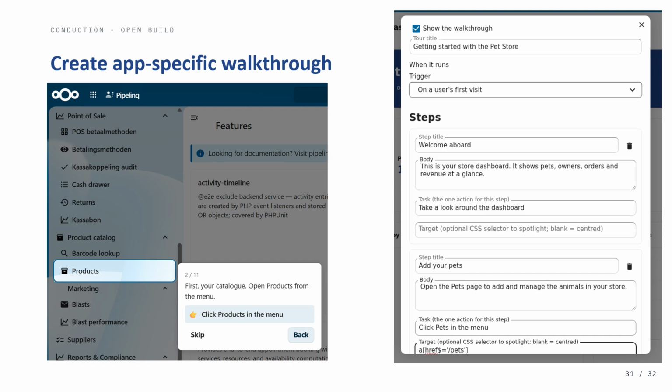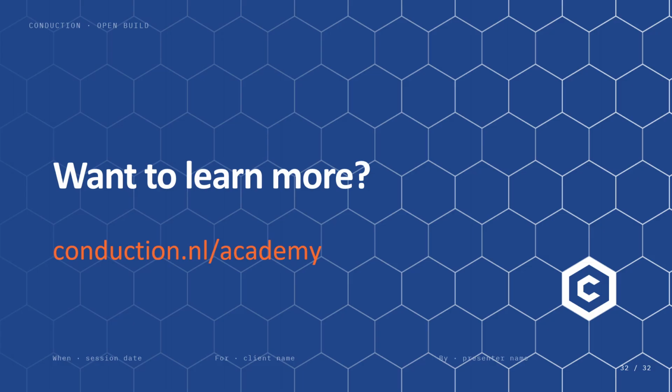You can either do a generic walkthrough where you give some information and some modals appear, but you can also take the user on a journey, asking him to push actual buttons in your application. You can hook the walkthrough to those specific buttons, be it menu items or specific tasks or business logic in the application, and then the walkthrough will wait until the user performs that specific action. So you can make that very interactive, a real learning and onboarding experience for your actual users.